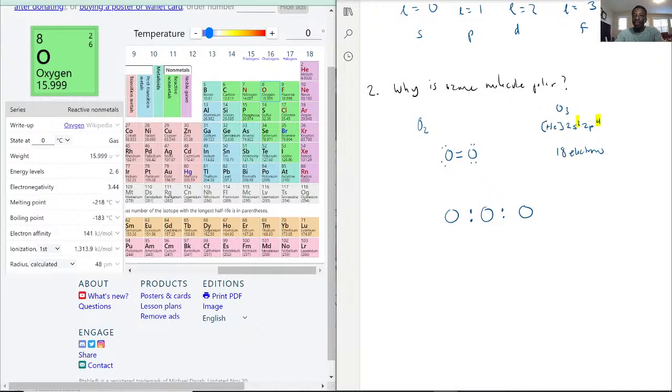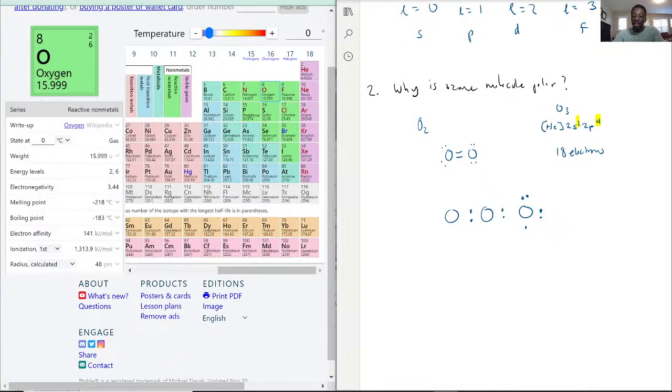All right, so with that being said, oxygen contributes 6. So right now it's sharing 1 of the 6 on the right oxygen. So then we need 2, 3, 4, 5, 6 there.